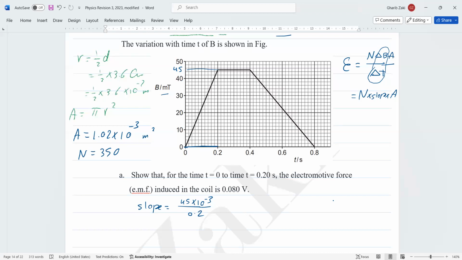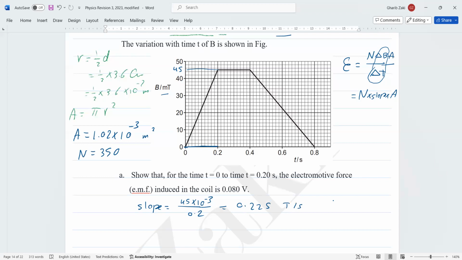We calculate this: the answer is 0.225 tesla per second.